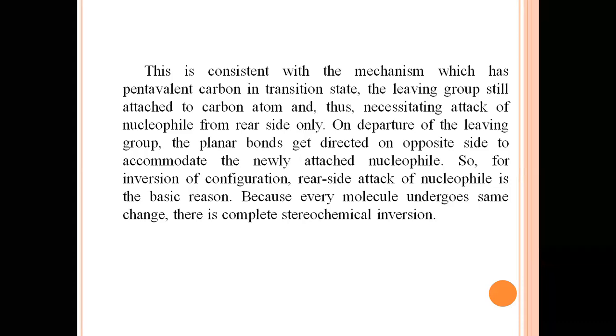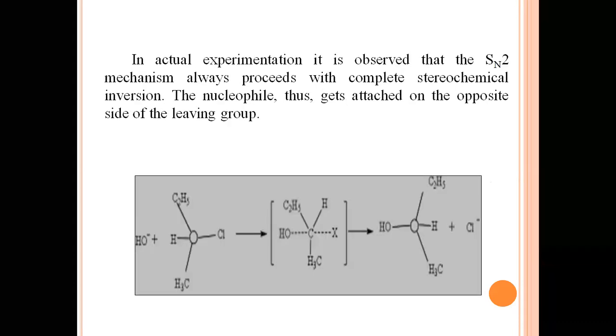So that reaction shows us that the carbon is achieving the pentavalent transition state. The leaving group is still attached to the carbon atom, thus necessitating attack of the nucleophile from the rear side only.